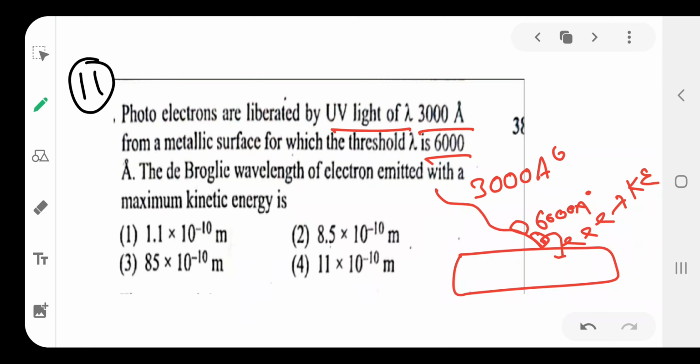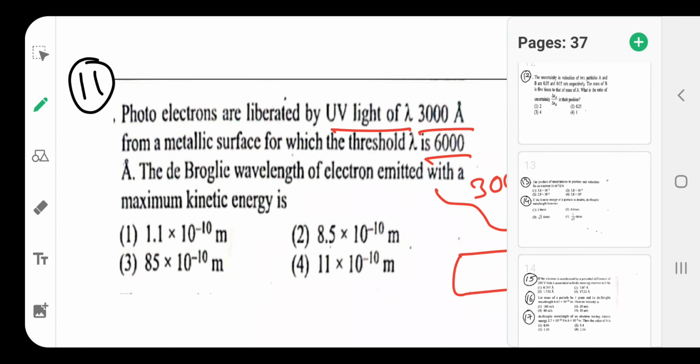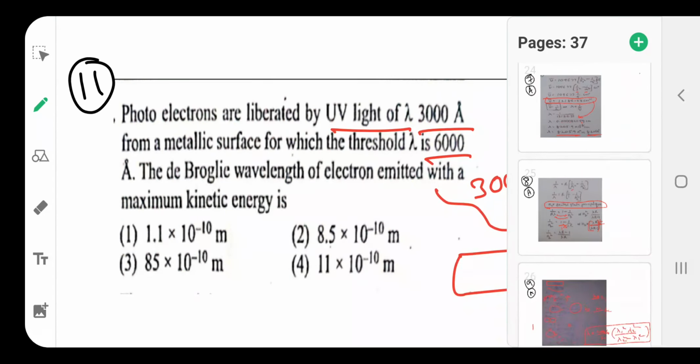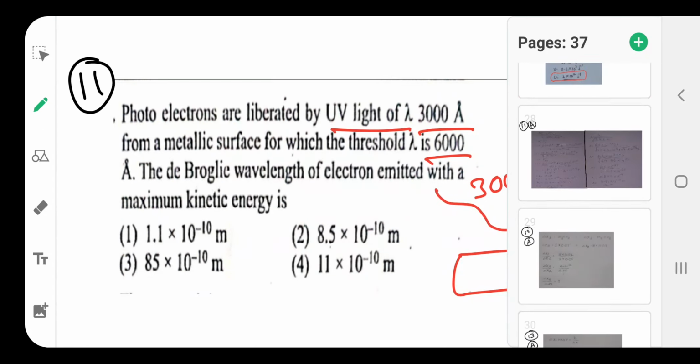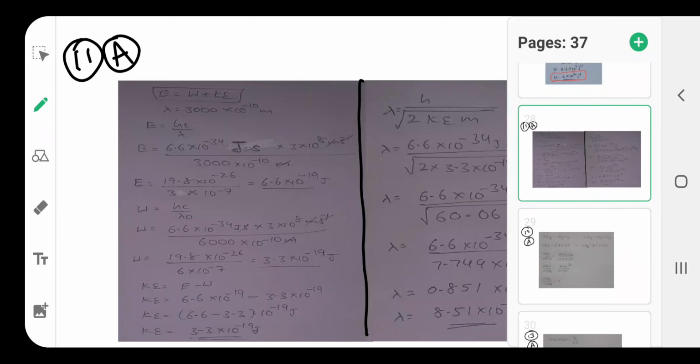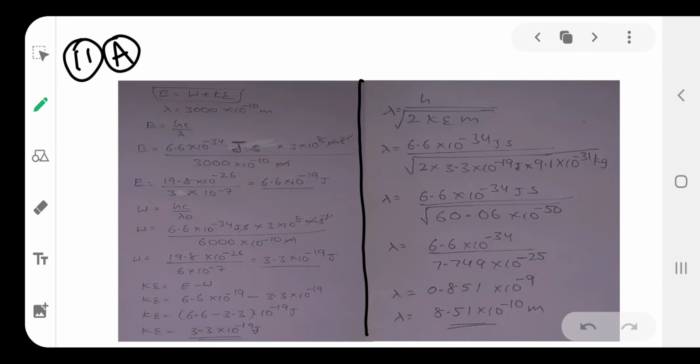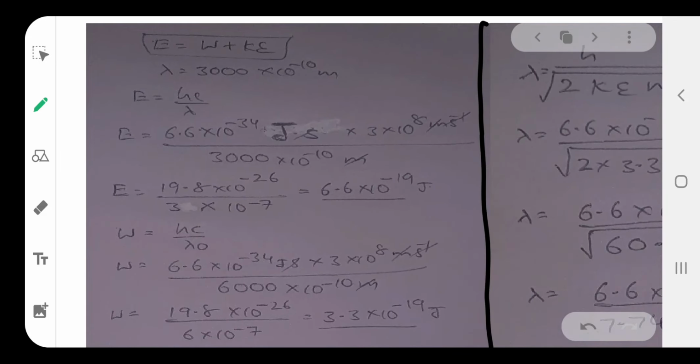Then see here, question number 11. E is equal to W plus K. Total energy is equal to work function plus kinetic energy. Your lambda value is 3000 angstrom units, converted to meters: 3000 into 10 power minus 10 meter.